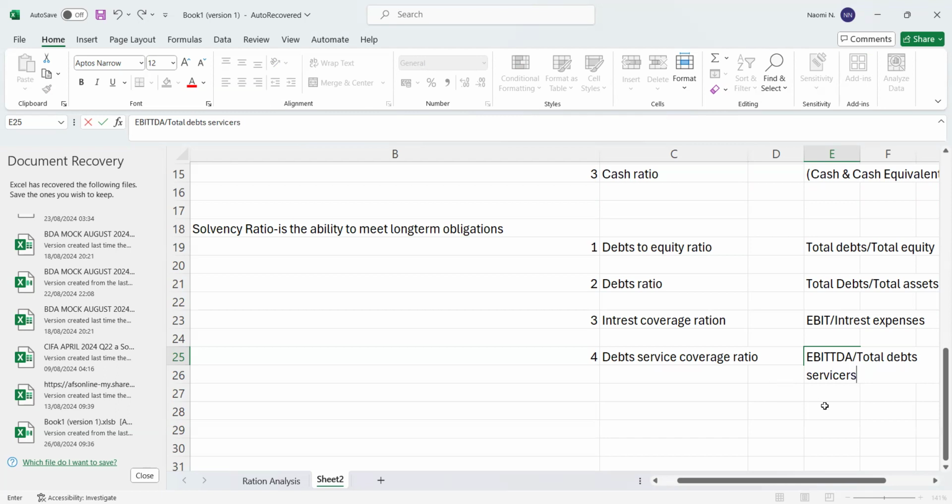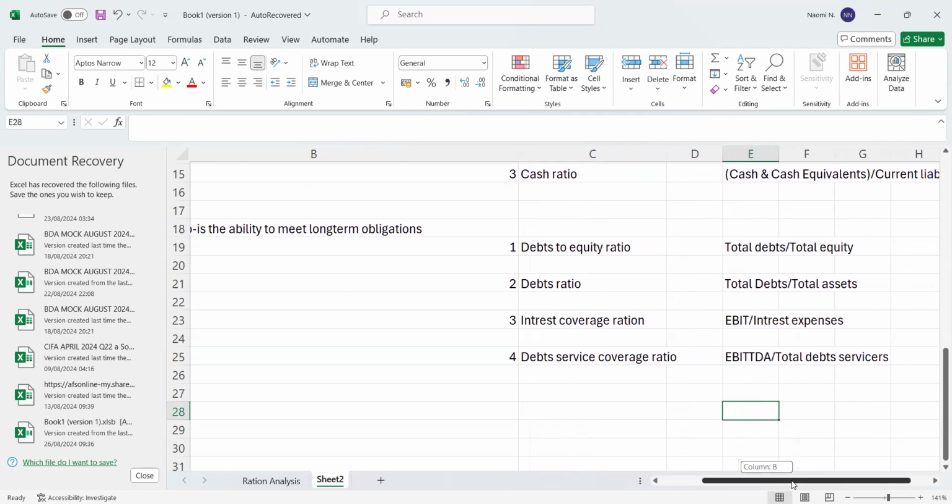It just indicates whether the organization is in a position to pay. What I mean by EBITDA is earnings before interest, tax, depreciation, and amortization.